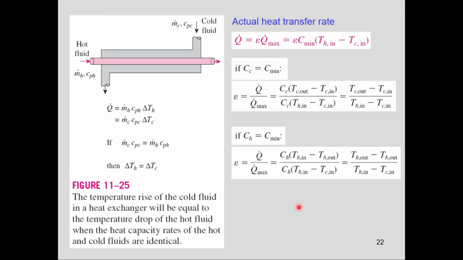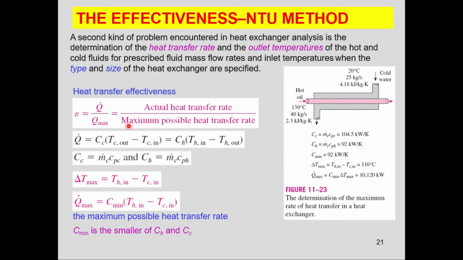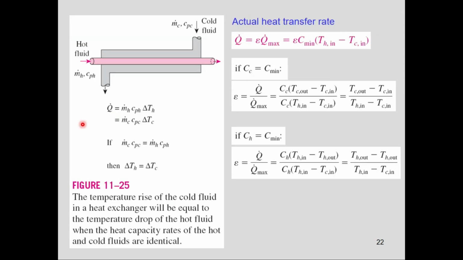Then, once we know the value of the effectiveness epsilon, we can get the value of the actual heat transfer rate by using this formula. This is the same formula that has been modified from the previous one. We have the maximum heat transfer rate, we multiply it with epsilon, which is the effectiveness, and we get the actual heat transfer rate as the product of effectiveness and Q max.